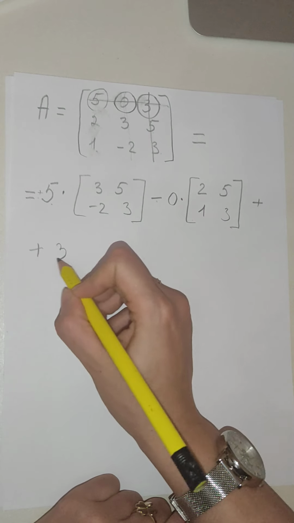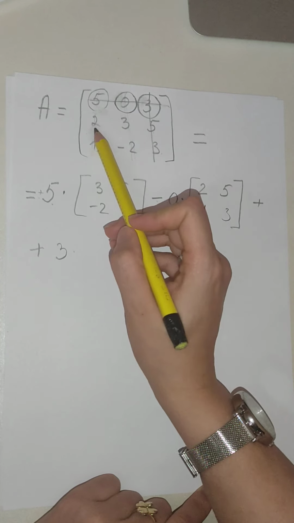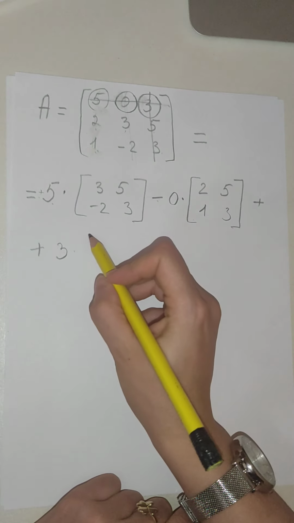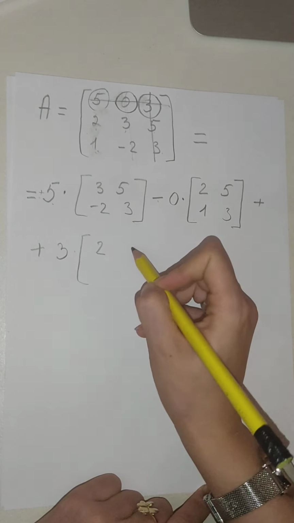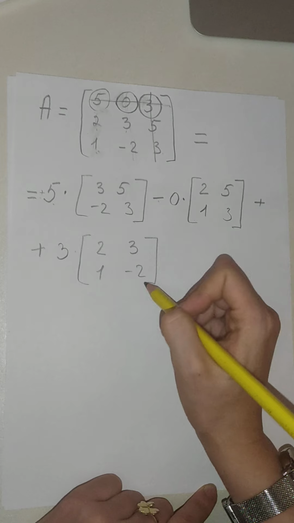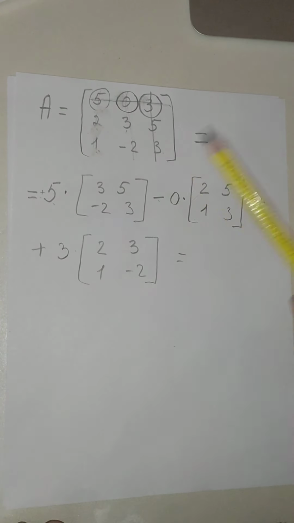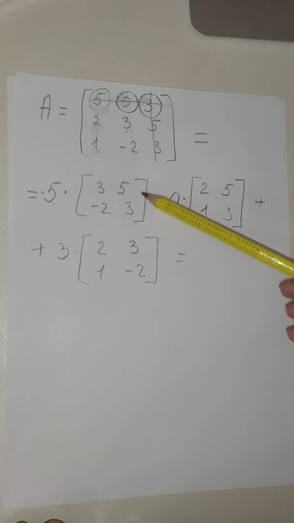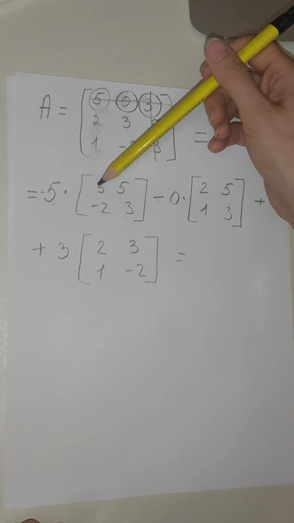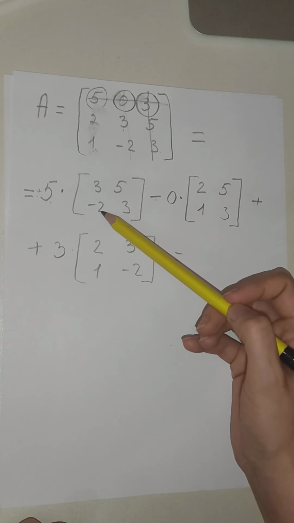Positive 3 times, what is the submatrix? 2, 3, 1, and negative 2. We have studied how to find the determinant of a 2 by 2 matrix, and it's equal to 3 times 3 minus 5 times negative 2.